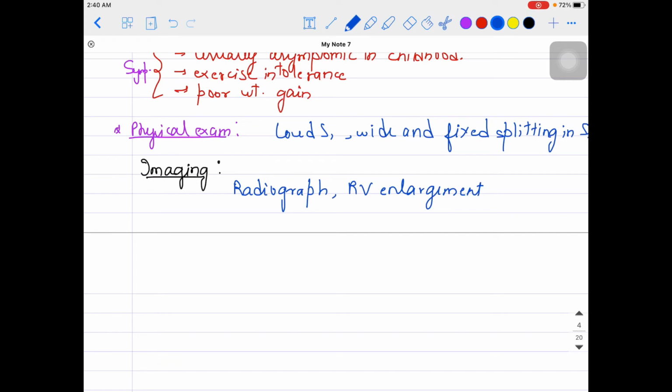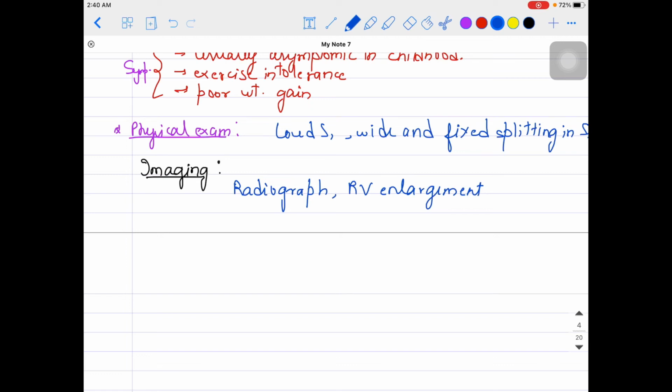So because of that, right ventricle enlargement can be there. And moreover, because the right ventricle is carrying more blood, it would be taking more time to eject through the pulmonary valve. So that's why delayed pulmonary valve closing was also seen over there, right?